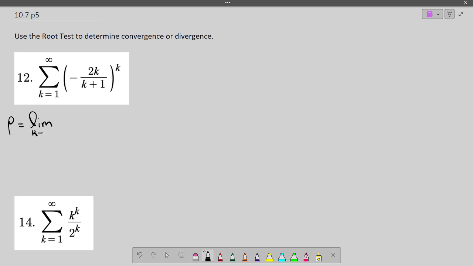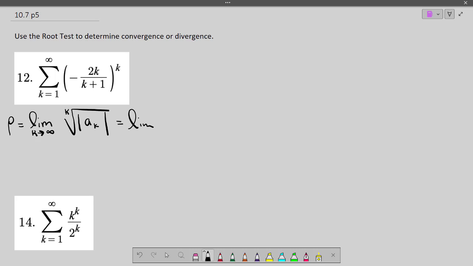So the limit as k goes to infinity of the kth root of the absolute value of a sub k. When we take that absolute value of a sub k, that just gets rid of the minus sign. The absolute value is going to ditch the switch. It's going to clear out that minus.